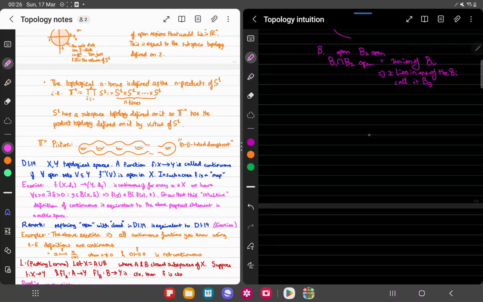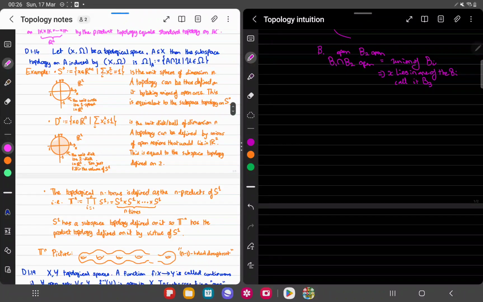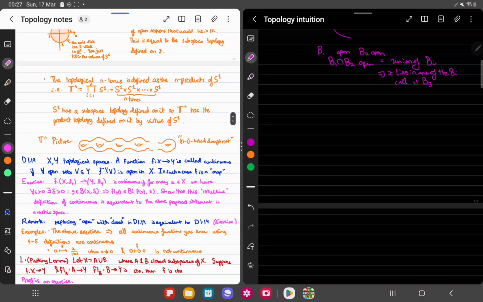I think it might be S2. I don't know. I'll check this a bit later. Maybe I'll check it now, actually. Yeah, no, it's good. It is actually the n-fold product of circles. I got a bit worried for a second.